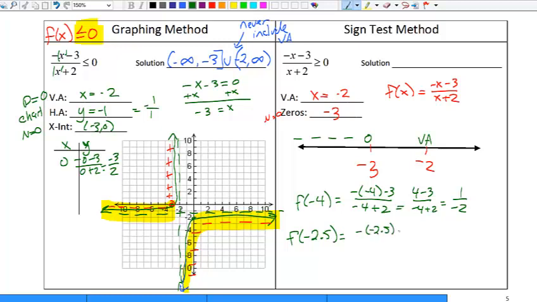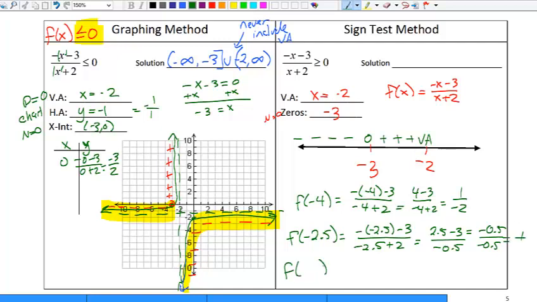I would normally pick a fraction, but because this problem is already a fraction, it would be a little difficult to do another fraction. So we have the opposite of -2.5, which is 2.5 minus 3, which is -0.5. Most importantly, that it's negative. -2.5 plus 2 is -0.5. And negative divided by negative is a positive.